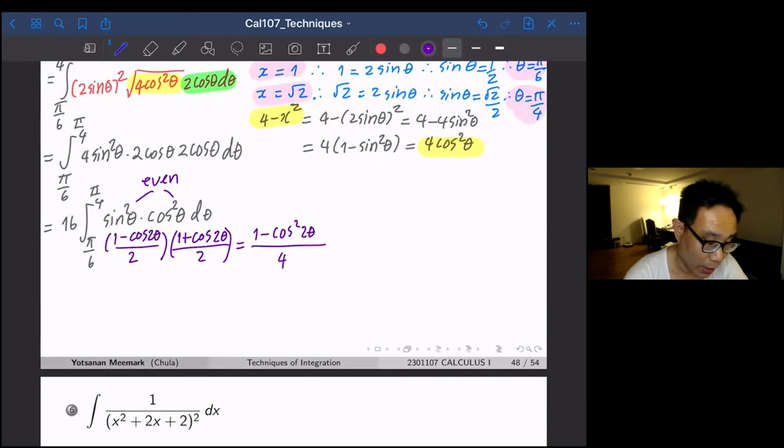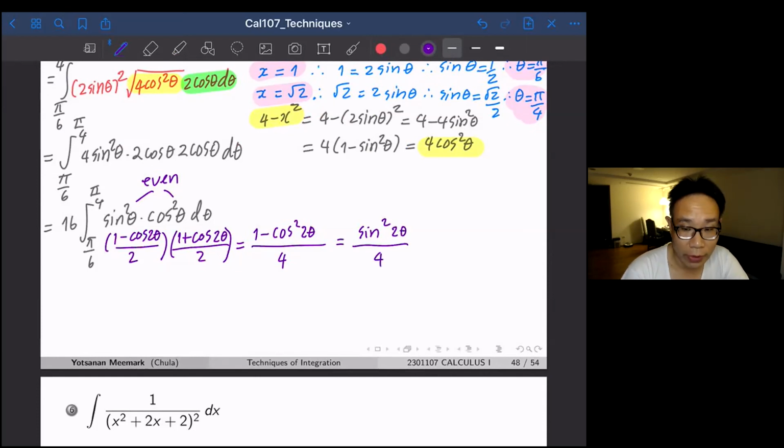And this will be 1 minus cosine squared, so it's sine squared 2 theta over 4.